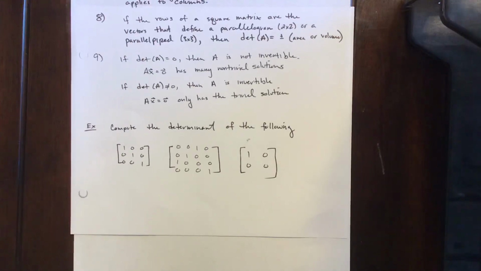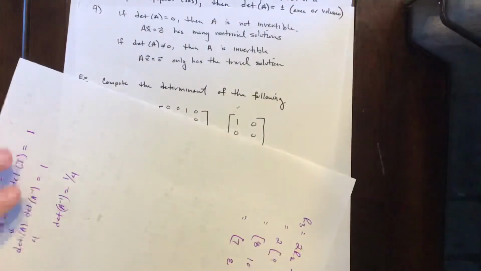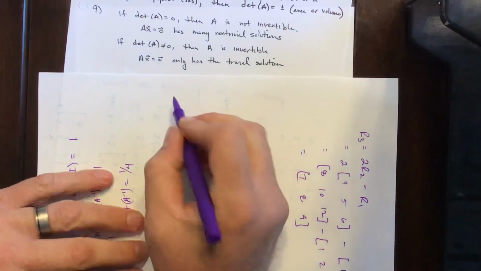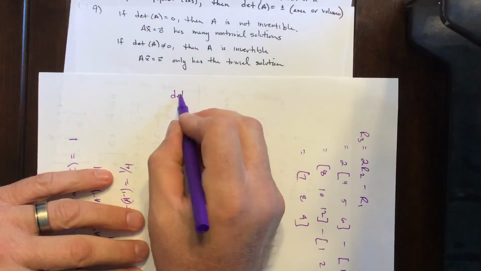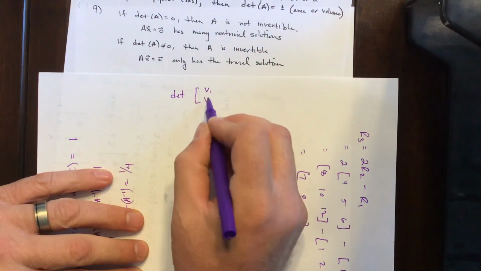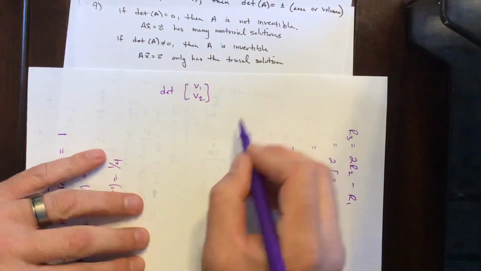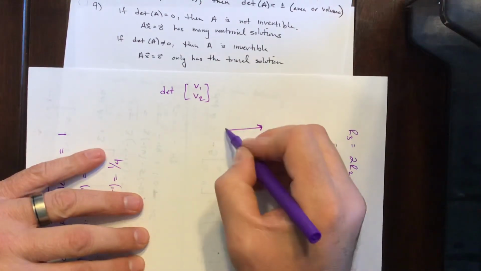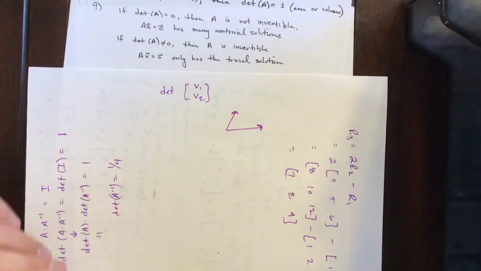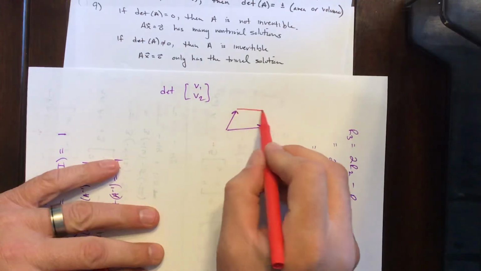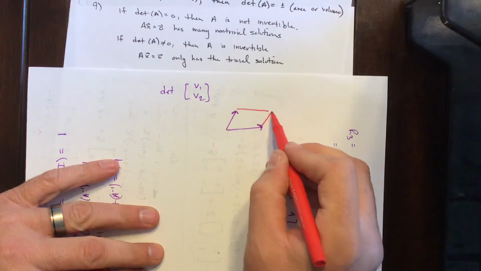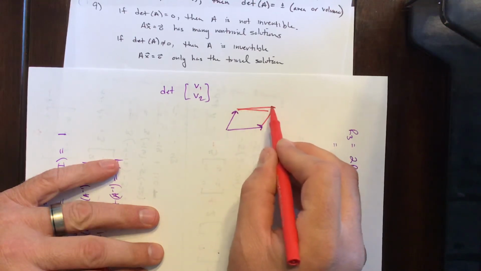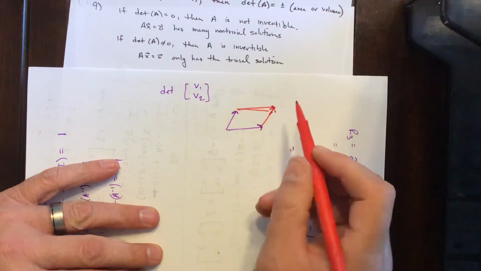Just to give you a quick visual, the determinant of vector 1, vector 2. If this is vector 1 and this is vector 2, this is the resulting, that's not quite a parallelogram, but there we go, something like that.